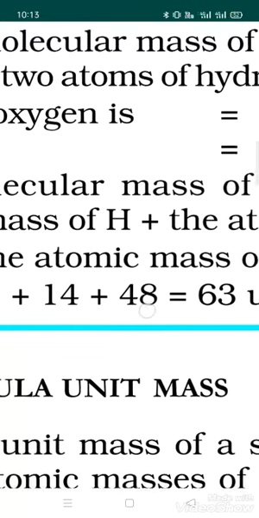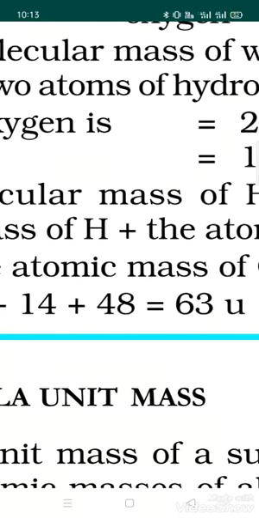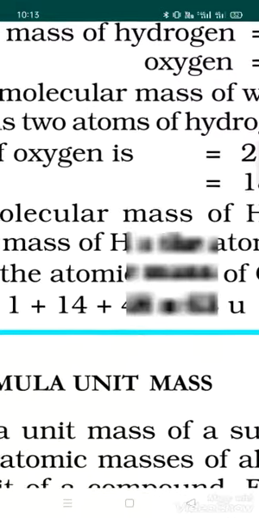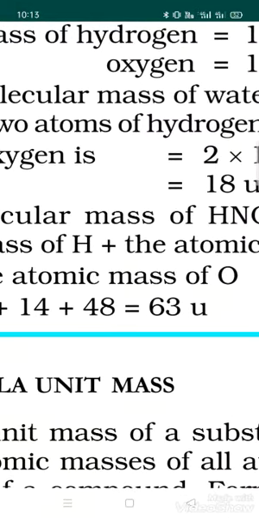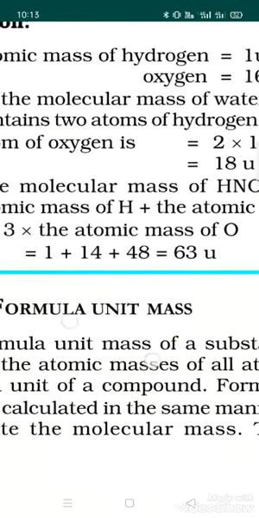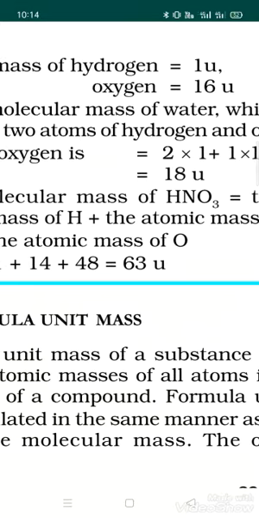Then 3 atoms of oxygen multiplied with the atomic mass of oxygen, so 3 multiplied with 16 gives 48. By adding all of these numbers, we get 63. 63 means 63 U, unified mass. This 63 is the molecular mass of nitric acid, HNO3.